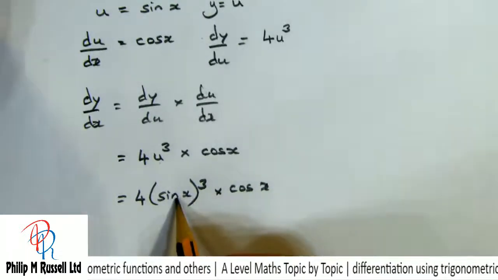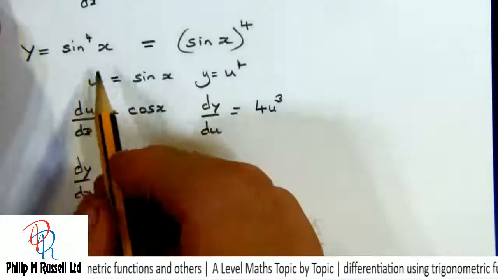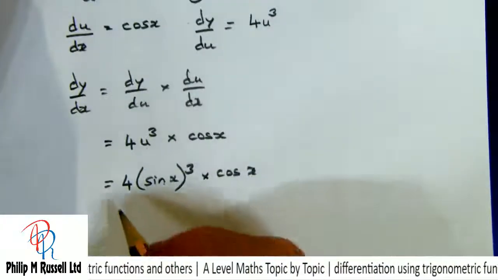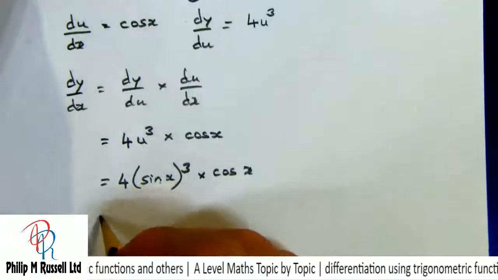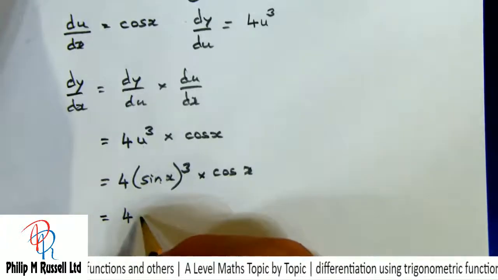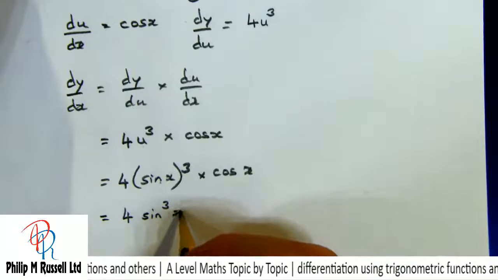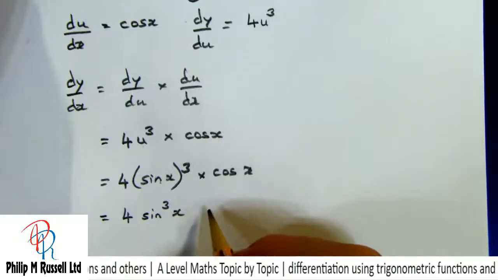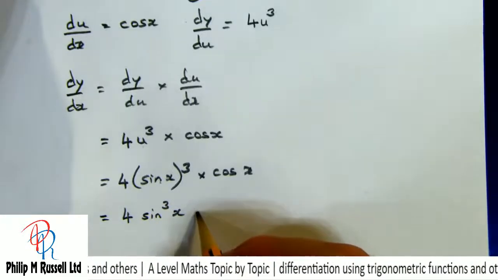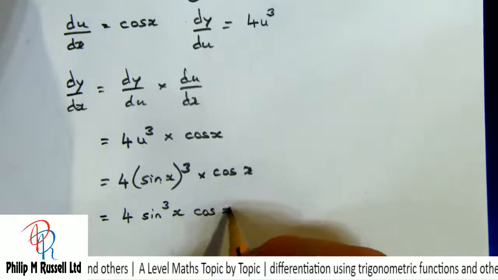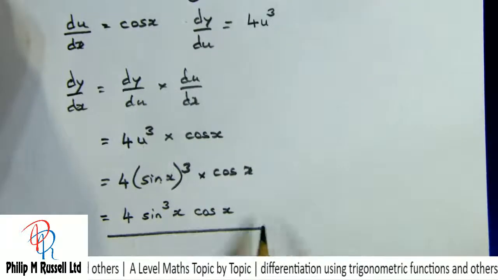Rewriting this in the form that we had it to start with, this is going to give us 4 sine cubed of x cos x, and there's our answer.